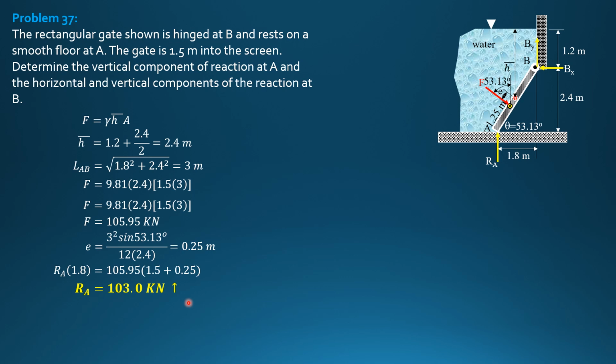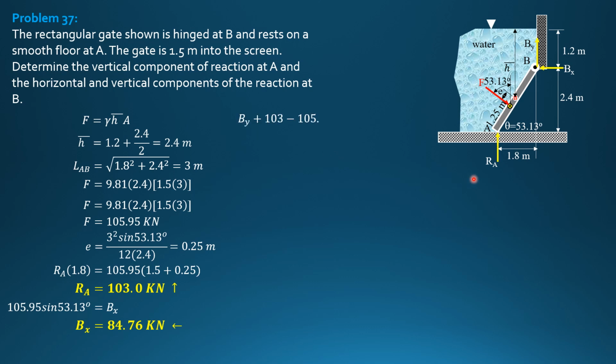Then summation of forces in X equals 0. F, 105.95, sine of 53.13 degrees equals Bx. So Bx is 84.76 kilonewtons. And finally, summation of forces in Y equals 0.